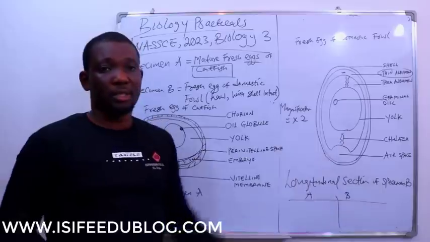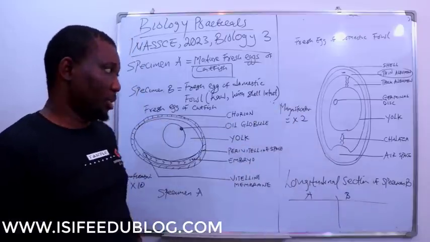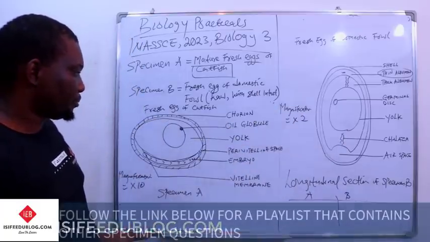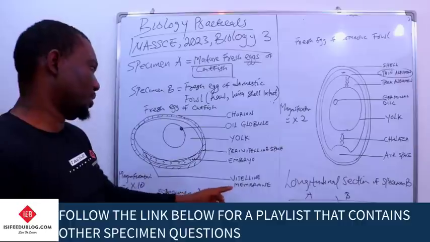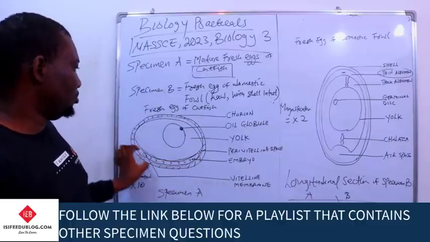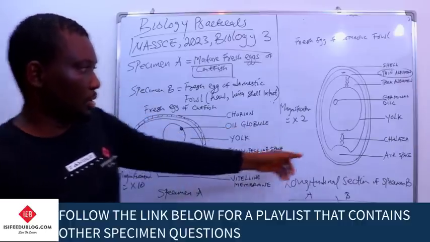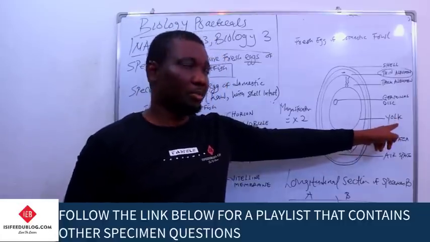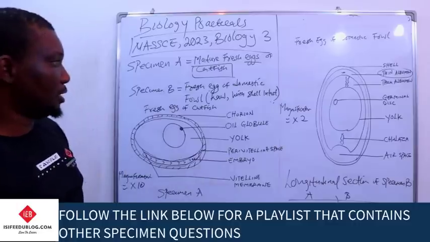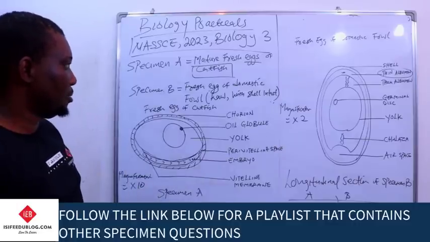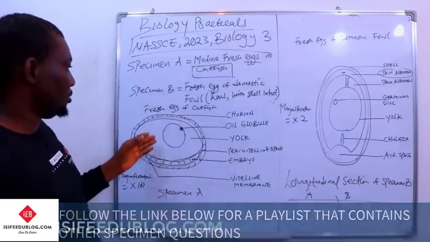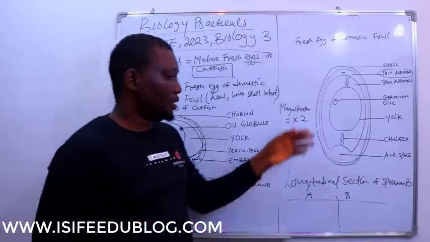This can also house an embryo through the germinal disc. Okay, and vitelline membrane. Vitelline membrane is just the membrane that bounds the yolk. You also see this can also be vitelline membrane. So both also possess a vitelline membrane. So these are the similarities between specimen A and specimen B.